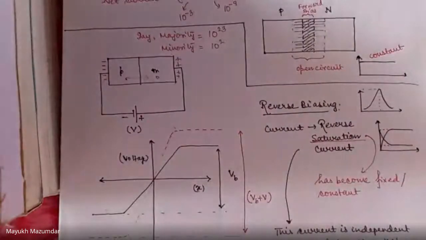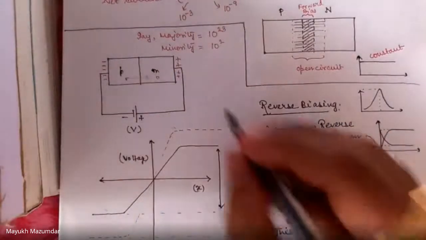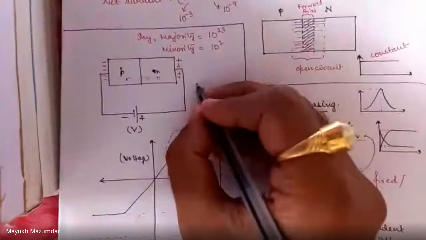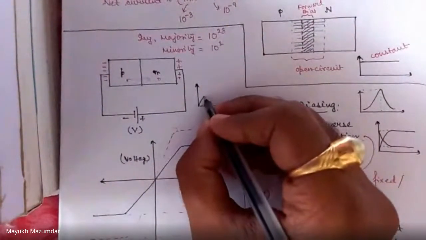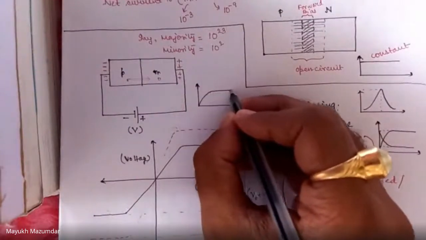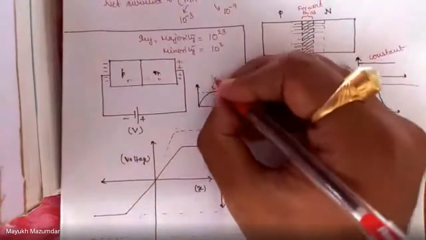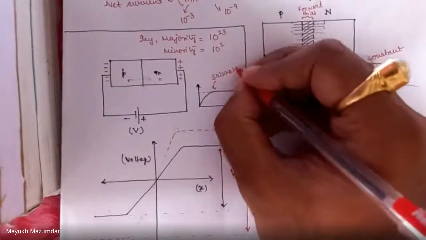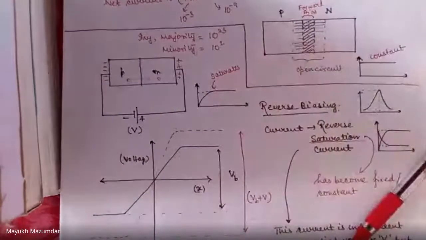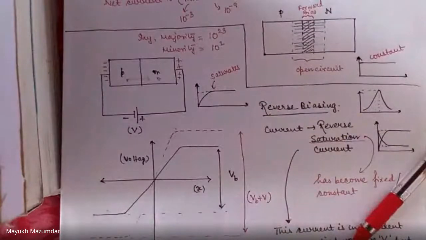From the beginning it wasn't changing. But if it is fluctuating, increasing, and then becomes this, we'll say it saturates here. Got it? That is the difference between being constant and getting saturated.